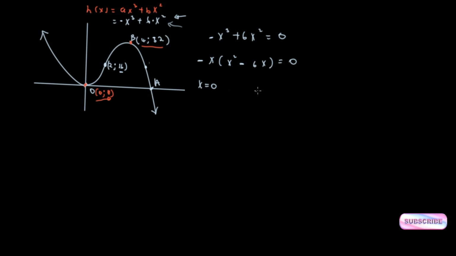For the other part, just factorize to get x minus 6 equals 0, so the other x equals 6. So the coordinate is 6 and 0.